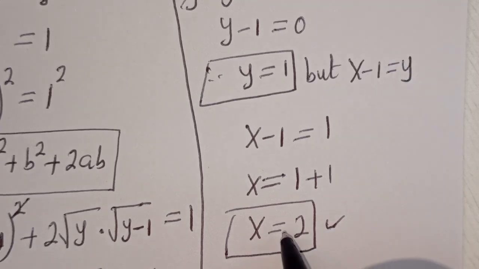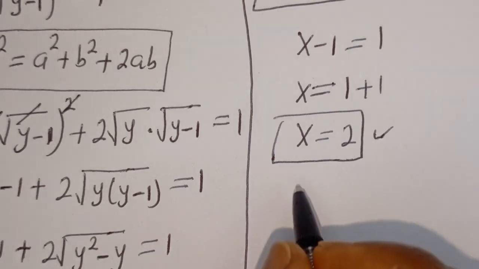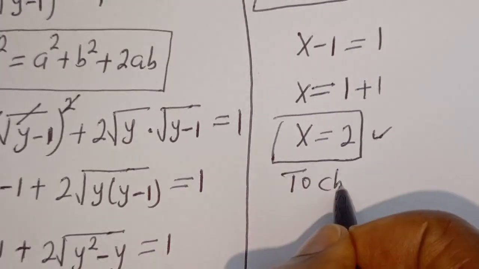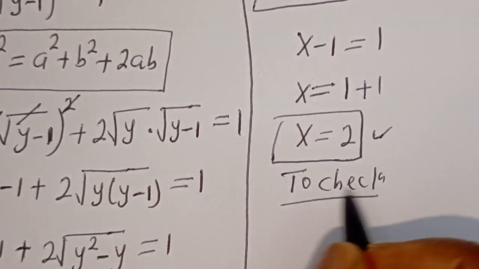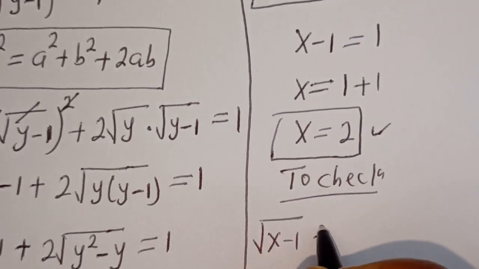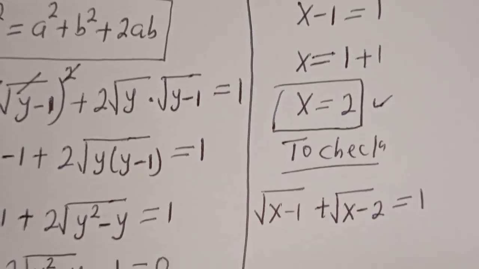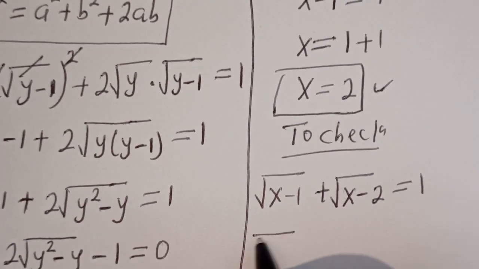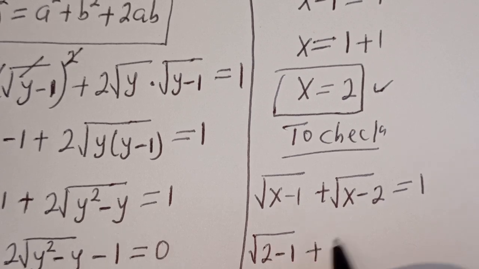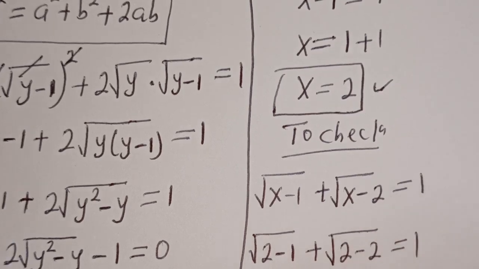We can check to confirm if this answer is right or wrong. Let's check. To check, we have the given equation square root of x minus 1 plus square root of x minus 2 equal to 1. When x is equal to 2, we have square root of 2 minus 1 plus square root of 2 minus 2 equal to 1.